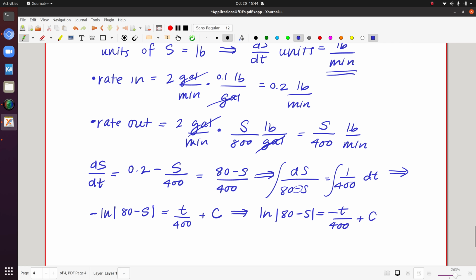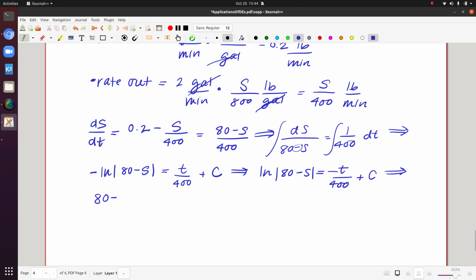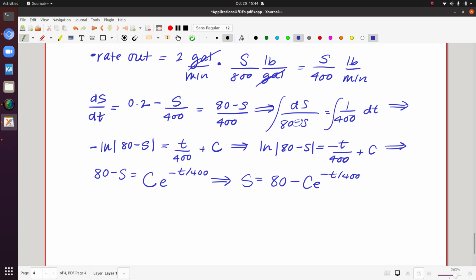I'm writing minus c as just plus c, but you could write that as minus c. This would tell me 80 minus S is equal to c e to the minus t over 400. And consequently, I could say that S is 80 minus c e to the minus t over 400, or I could write it as plus c. And this gives me my general solution.